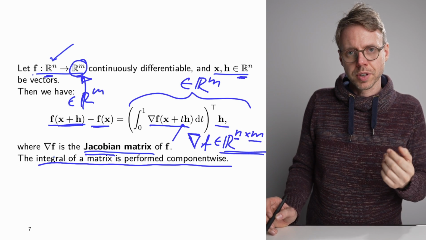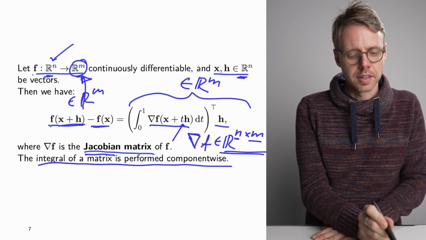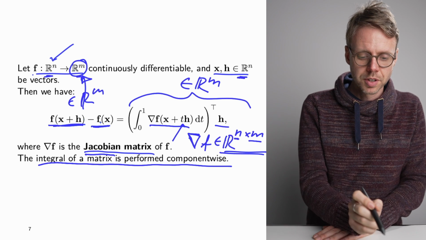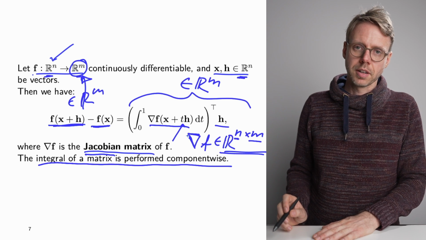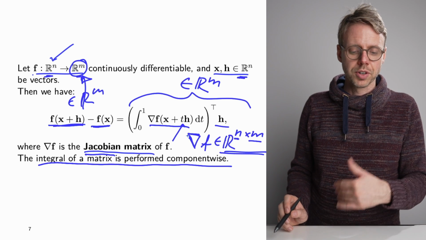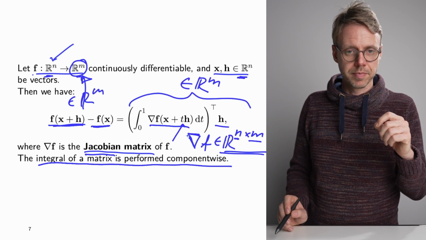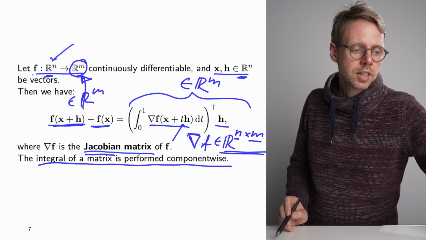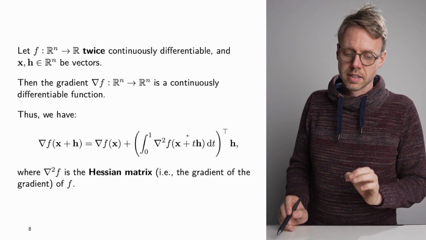So we have just shown that we can write the difference in vector valued functions as an integral over the Jacobian matrix or gradient of this vector valued function. Now, one particular vector valued function is the gradient.